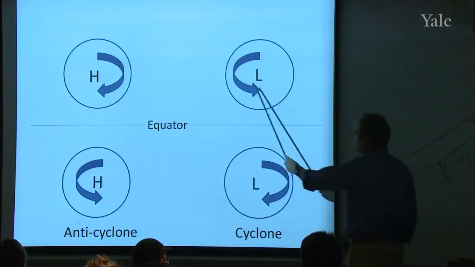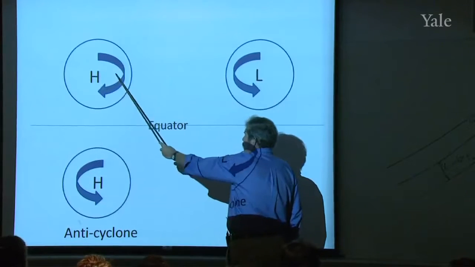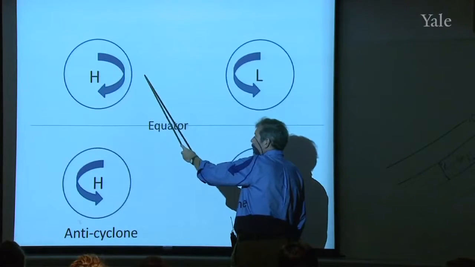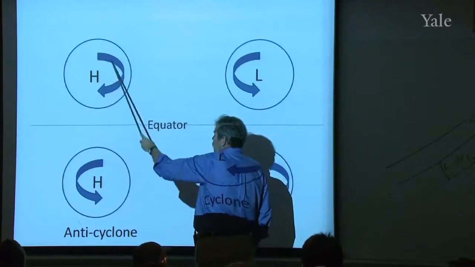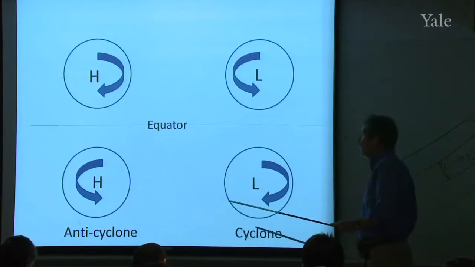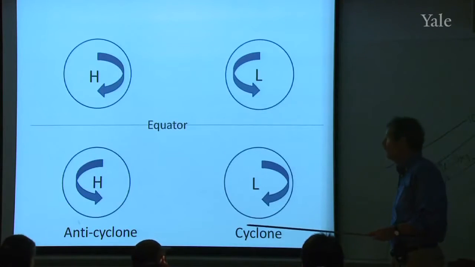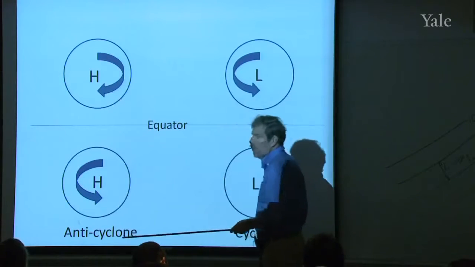Well, let's stay in the northern hemisphere. With high pressure in the center, the pressure gradient force is outwards. So the Coriolis force must be inwards, so the air must go around this way. It must go around in the clockwise direction around an anticyclone in the northern hemisphere.